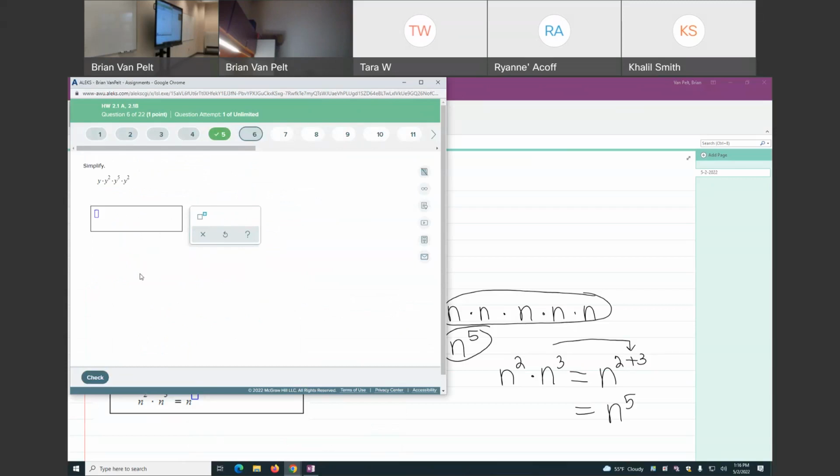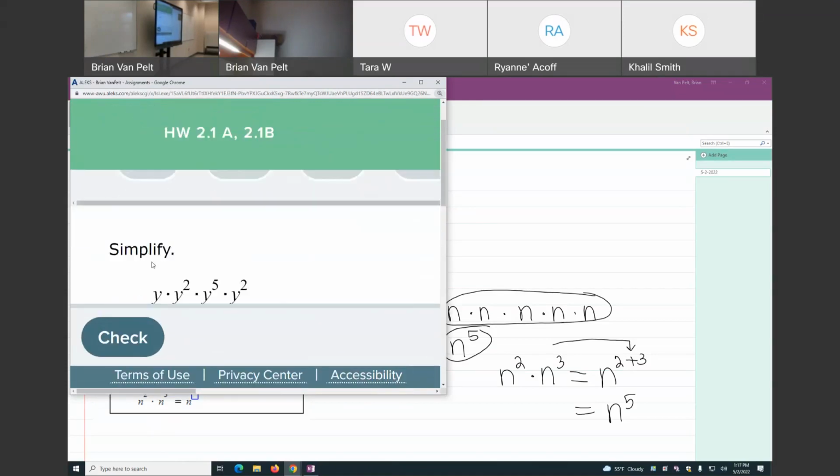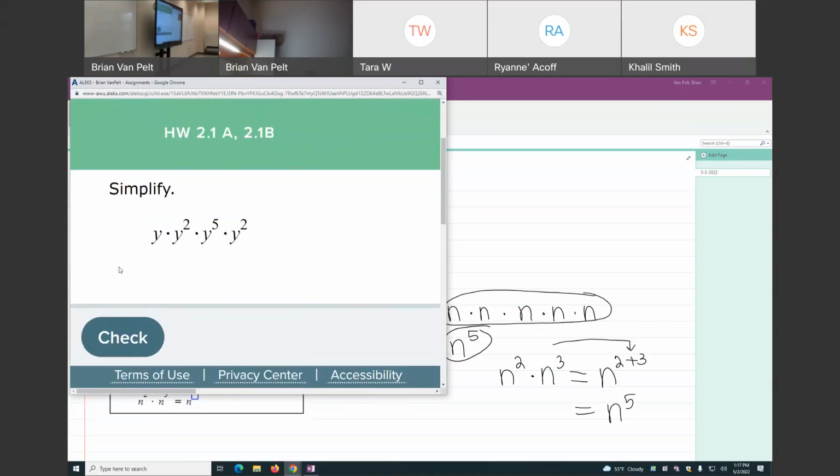What about this one? Anybody tell me just by looking at it what it's going to be? You can't see it? Let's see, if you add up those exponents, so this first one right here, what's the exponent there? 1.